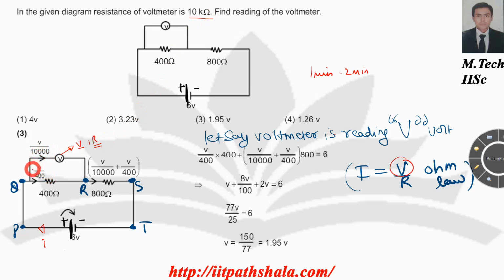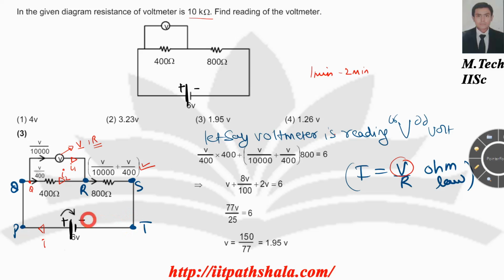Now again, because the same potential difference is between Q and R over here, I can say that V upon 400 will be the current in this resistance. Let us say this is my current 1, this is my current 2. At the junction R, both of the currents are going to add up, and I will get this resultant current I. Now after this, I've eliminated all the complexities of the question.